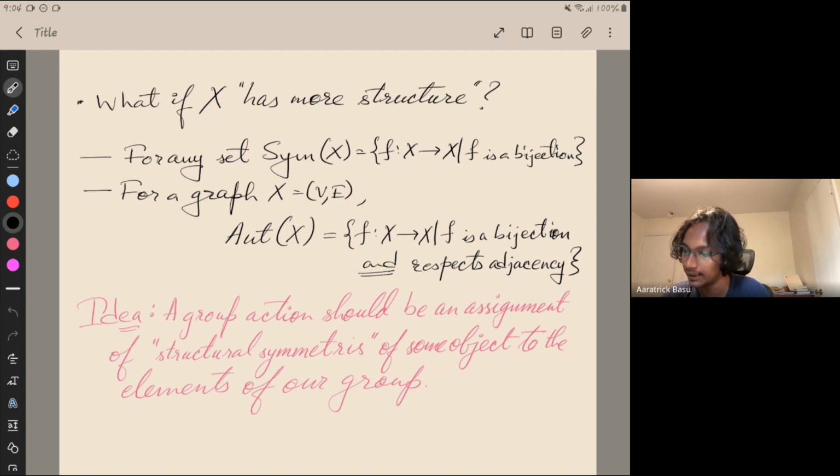Because the big idea is that a group action should be an assignment of structural symmetries. So there's a typo here. There should be an E here. Yes, of structural symmetries of some object to the elements of our group. So when you want to study a group by looking at how it acts on an object, you want to make sure beforehand that the group respects some kind of structure on that object so that you get more information.